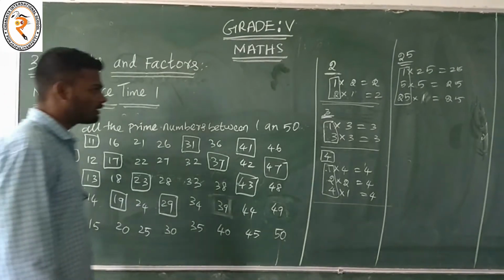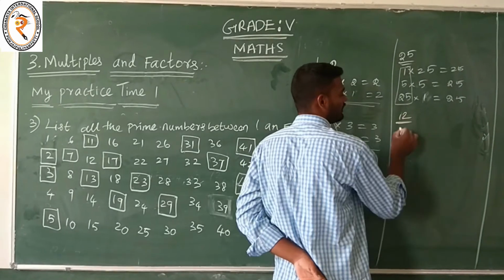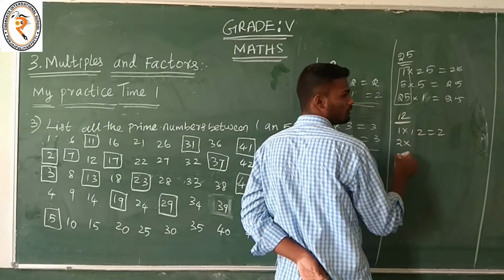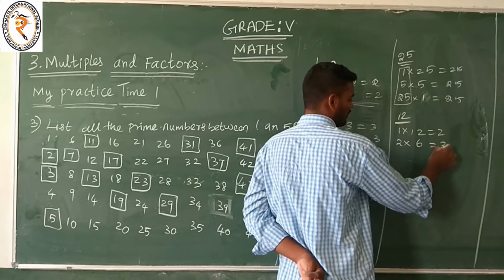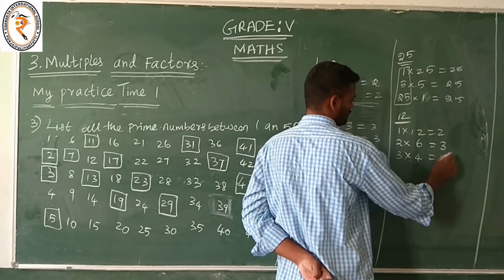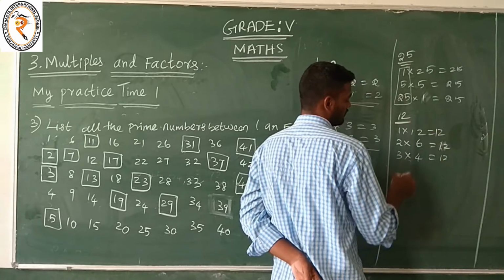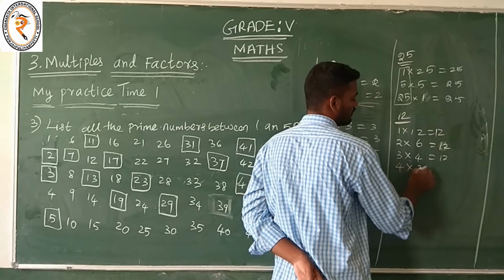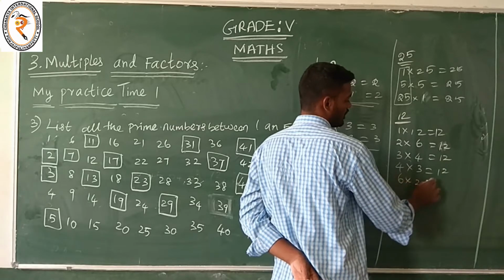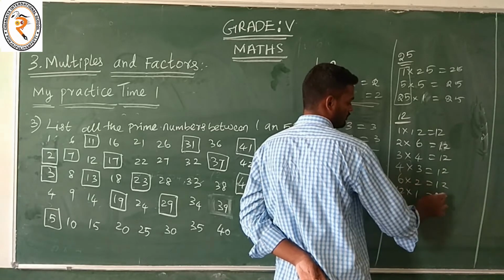Now we select another number, 12. 1 twelve is 12; in the second table, 2 sixes are 12; in the third table, 3 fours are 12; in the fourth table, 4 threes are 12; in the sixth table, 6 twos are 12; and in the 12th table, 12 ones are 12.